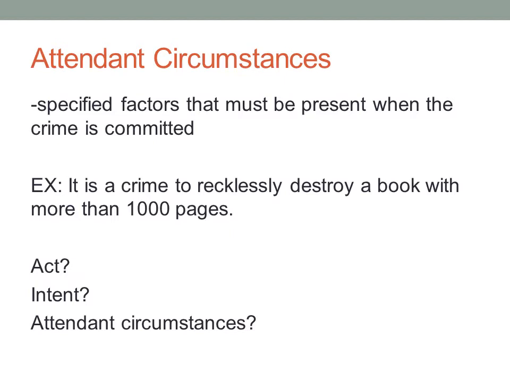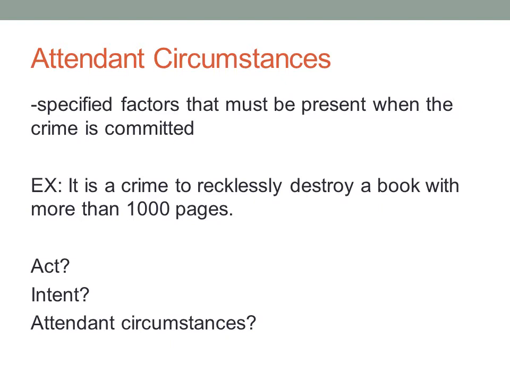These are the specific or specified factors that must be present when the crime is committed. This is something that the prosecution has to prove beyond a reasonable doubt. It can include the crime's methodology, the location, the setting, victim's characteristics, and a whole bunch of other things, right?